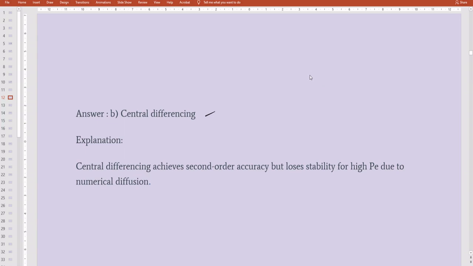Numerical diffusion means that we will lose the sharp edges of the solution.